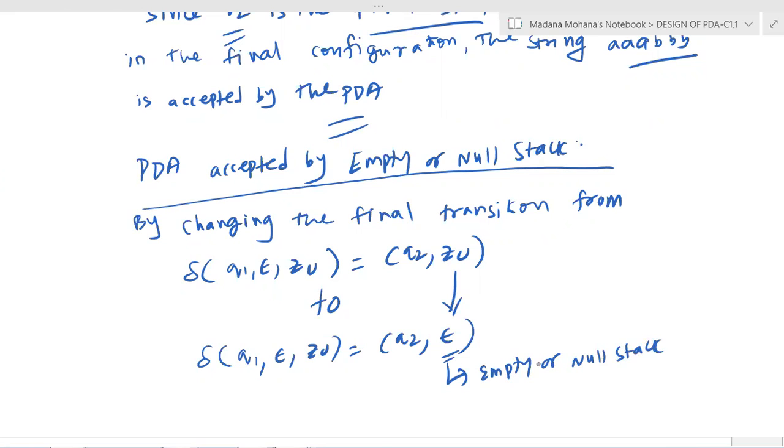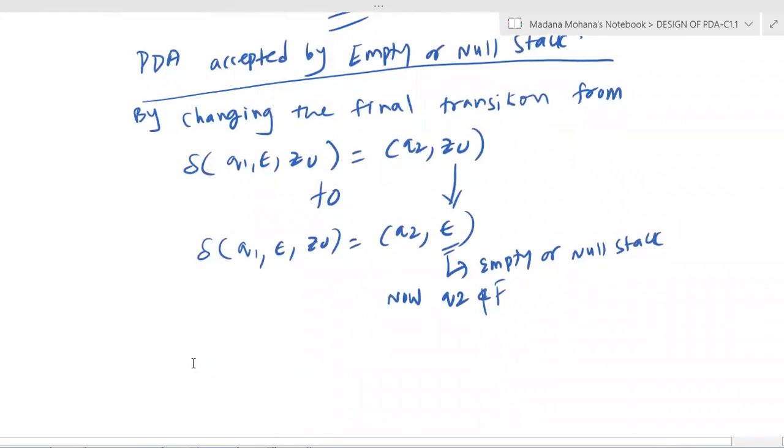But here Q2 is not a final state. Q2 does not belong to the final states. Why? Because if the PDA wants to accept a given language by empty stack or null stack, there is only one condition: Q2 is not a final state.